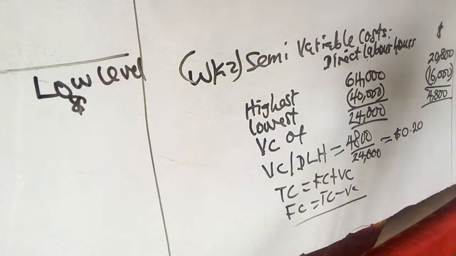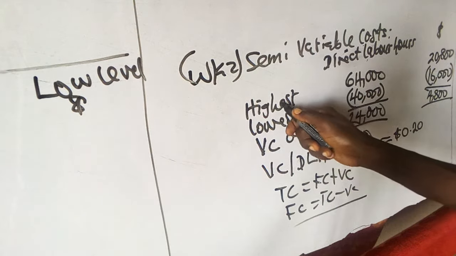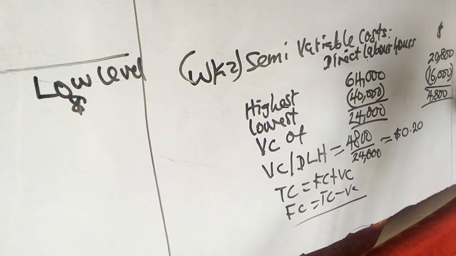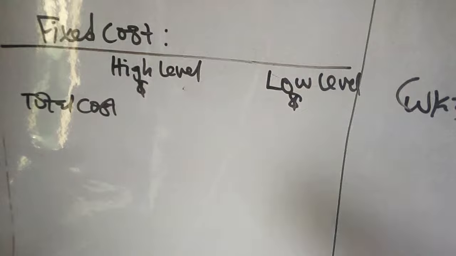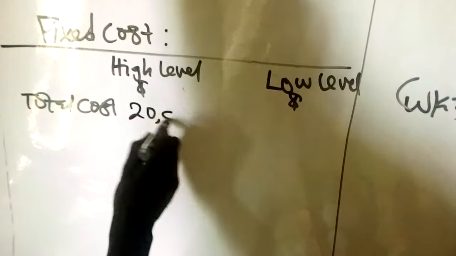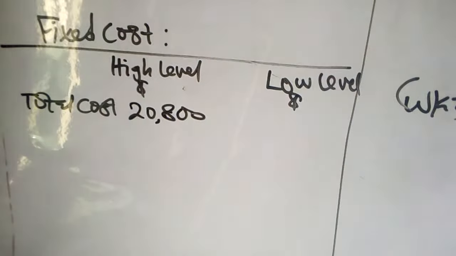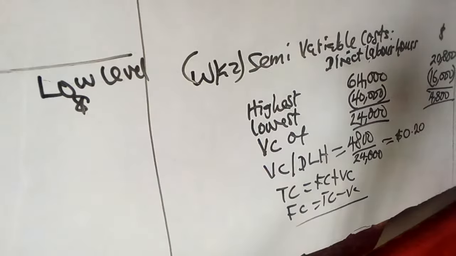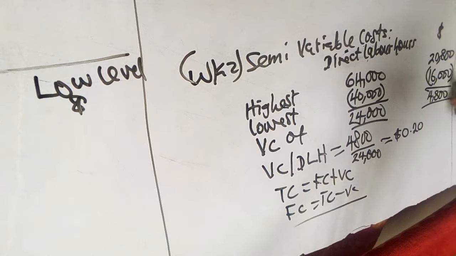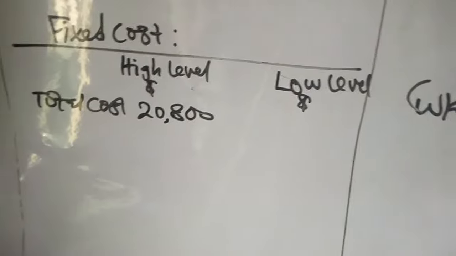The semi-variable cost you were given at the highest activity level is 20,800. So that is the semi-variable cost at the high level of activity, 20,800. And the semi-variable cost you were given at the lowest activity level is 16,000.